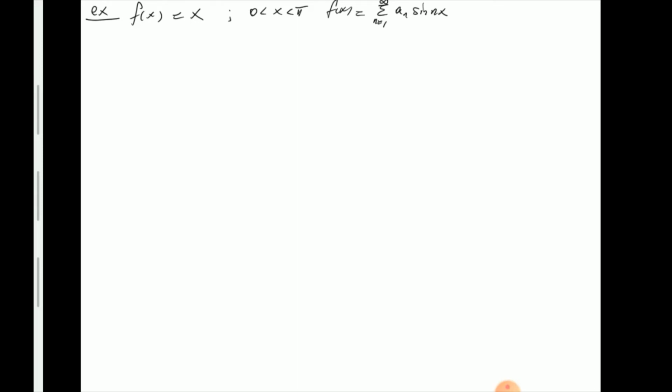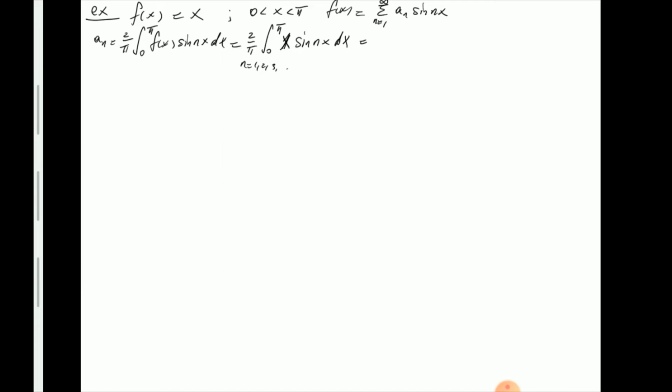Which means I need to compute 2 over pi, the integral from 0 to pi of that function times sine of nx dx. And the function is x. So this calls for the integration by parts method. Remember, n is 1, 2, 3, and so on.